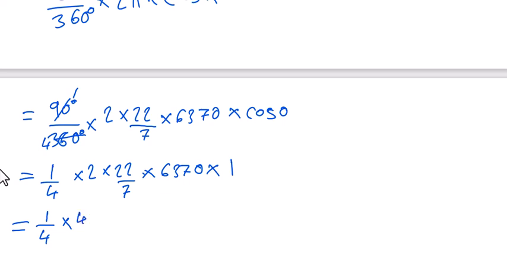This is just going to be 44 over 7 multiplied by 6370. So when we multiply by 1, this is just going to give us this.